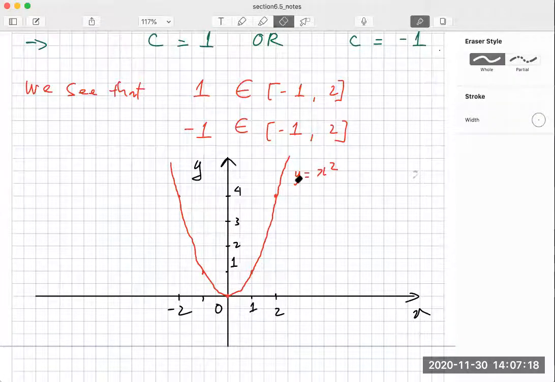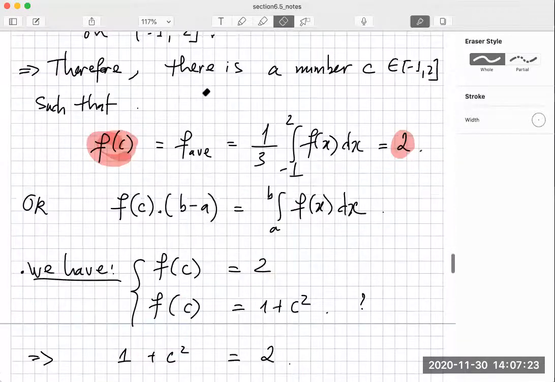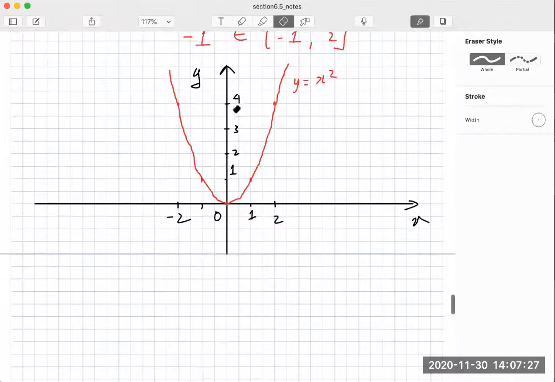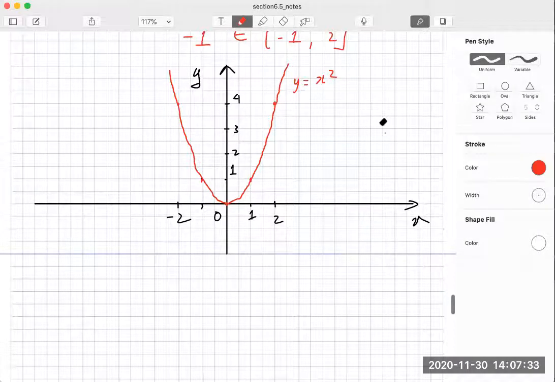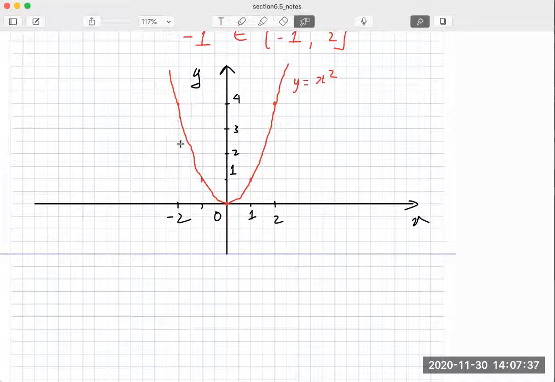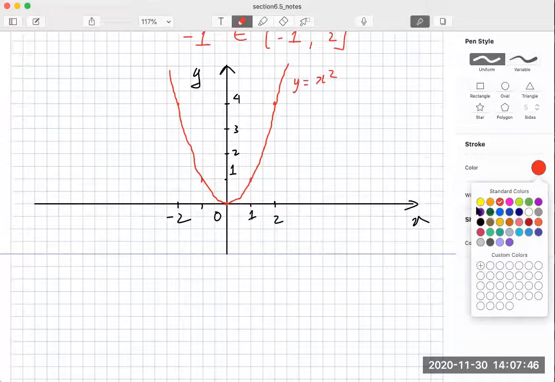Our function, x squared plus 1 here, x squared plus 1. It means that the graph here will be shifted up 1 unit, right? So it means that the graph here will be shifted up like this one.